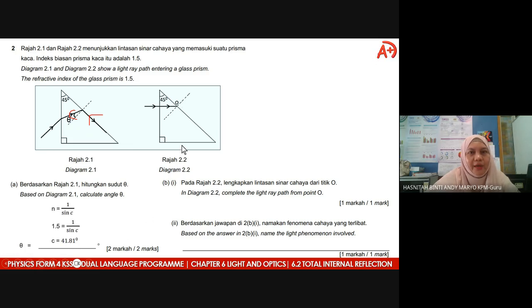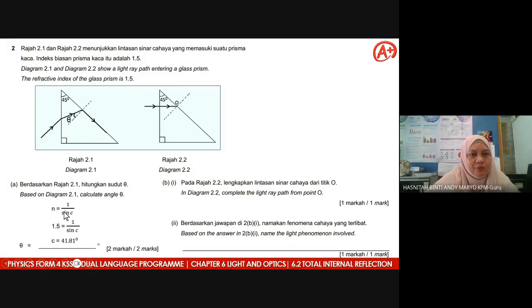Or you can use n equals 1 over sine c, because theta now is the critical angle. If you don't want to reverse, also no problem. We can use the relationship between the critical angle and the refractive index.